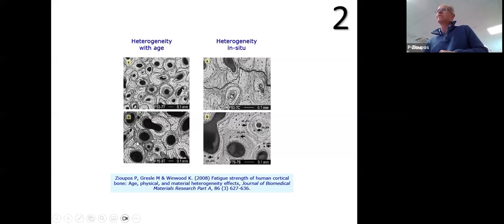Also, the heterogeneity of the various elements. There's old and young tissue age elements all gobbled up together. So obviously this increase in heterogeneity will demonstrate itself as increased brittleness with age.